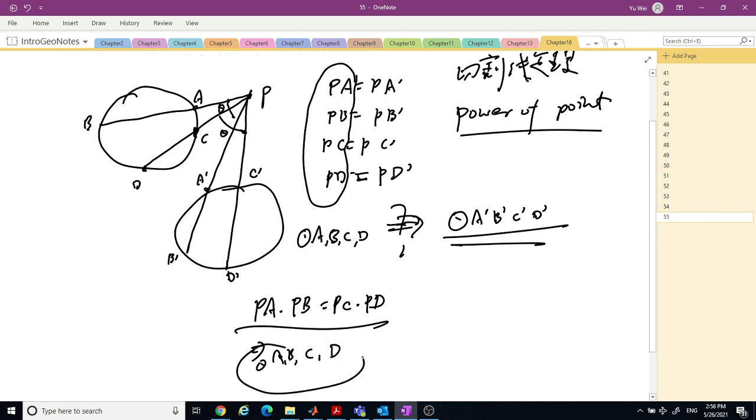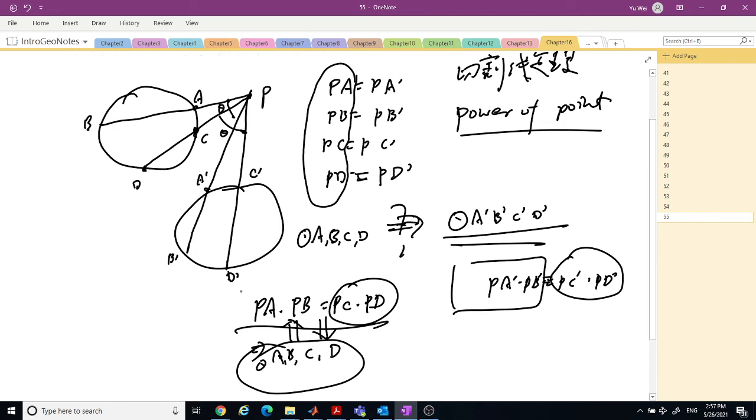Once you have ABCD concyclic, you can get this. Once you have this, you can get ABCD concyclic. Now we have PA' times PB' equals PC' times PD', right? Because this one equals this one, and this one equals this one. Then you can see A', B', C', D' are concyclic.